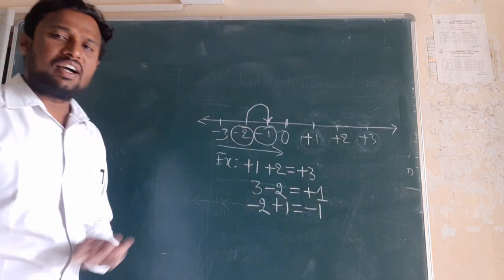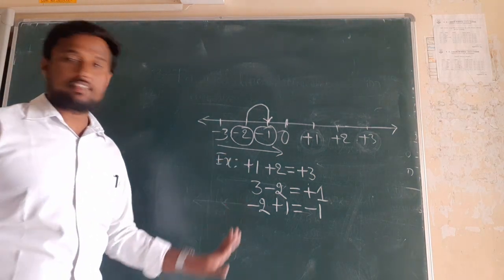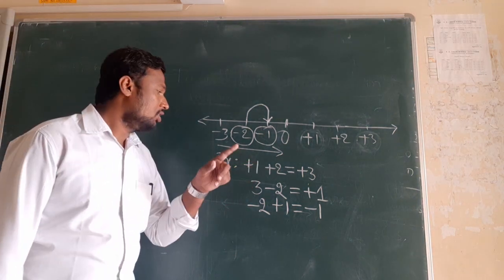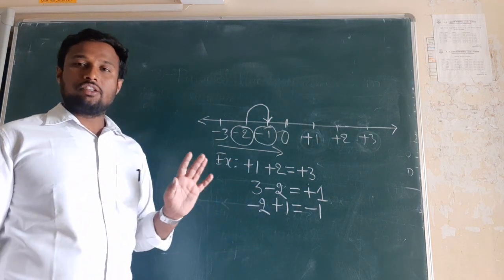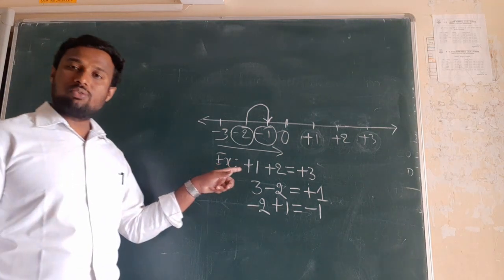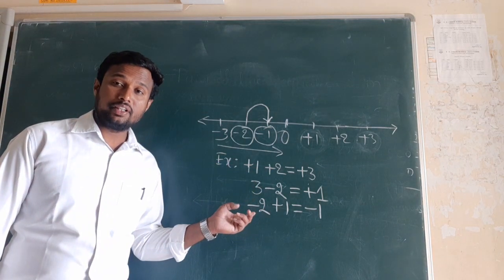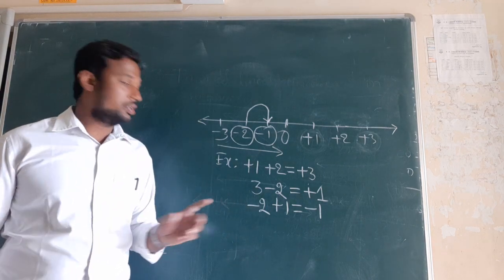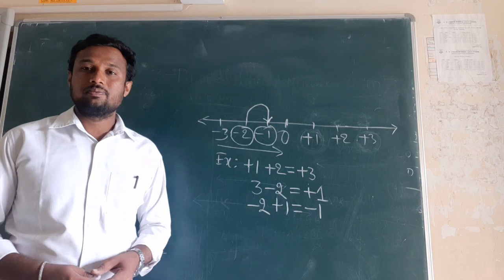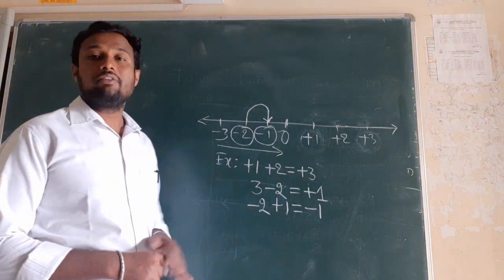So here again, the only difference between this first example and the third example is that here also we are adding and here also we are adding. But the difference is here we considered only positive integers, but in the third example we considered a negative integer. So here we got -2. We are adding a number to a negative integer.